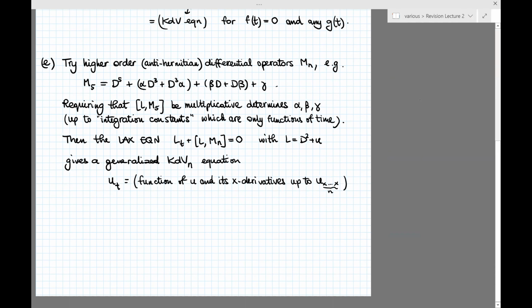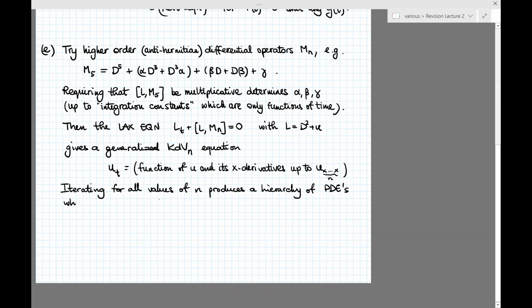So iterating this exercise for all values of n, and here n has to be odd if you want Mn to be anti-Hermitian, produces a hierarchy of partial differential equations which are solvable by the inverse scattering method and are known as the KdV hierarchy.